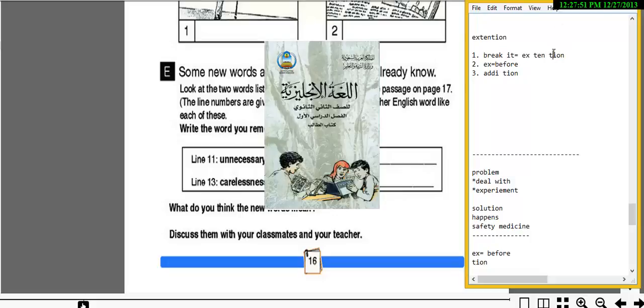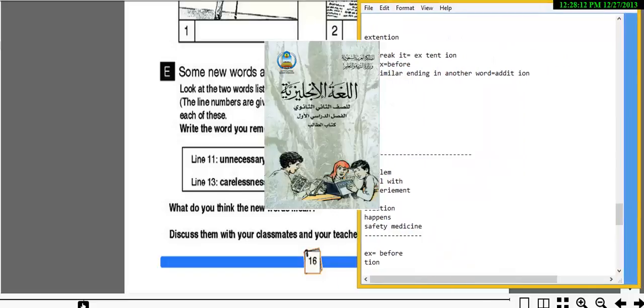Excuse me, I'm not so sure if it ends like this or like this. But the point is really to find a similarity. You need to find a similar ending in another word. This is something you can do too.